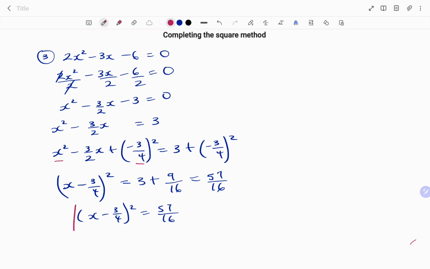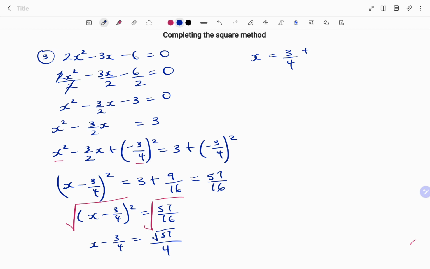To get rid of my square, I'm going to find the square root of both sides, and that will give me x minus 3 over 4 equals square root of 57 over square root of 16, that's 4. Taking 3 over 4 to the other side, because it's a negative, it becomes a positive 3 over 4.